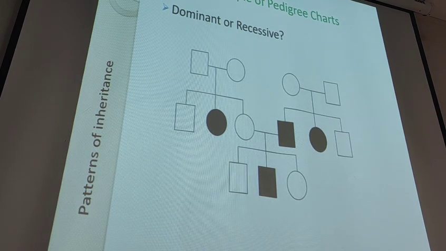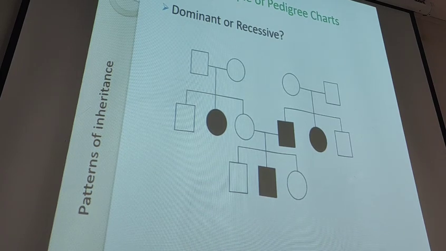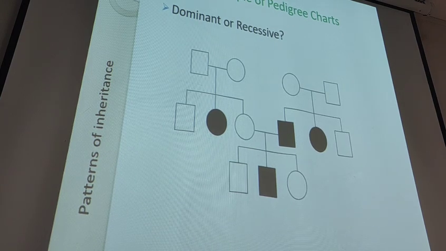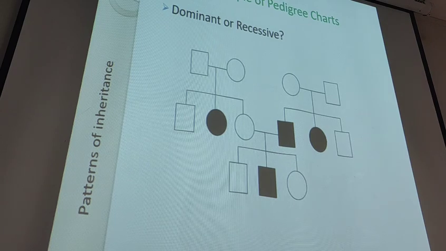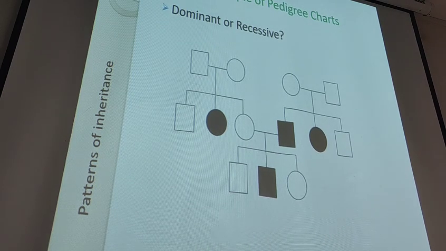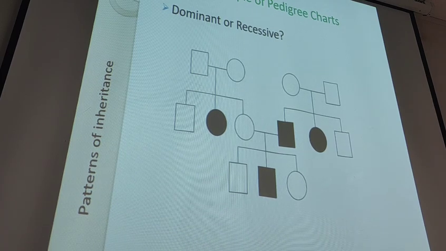We have the term genetic heterogeneity. It means different genotypes cause the same phenotype. Some disorders can be inherited as autosomal recessive, autosomal dominant, or X-linked. The phenotype is the same. But this genetic heterogeneity is not within the same family.